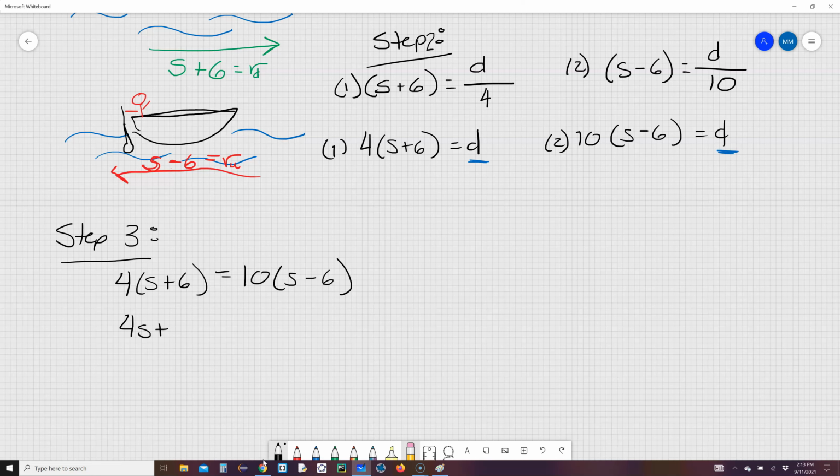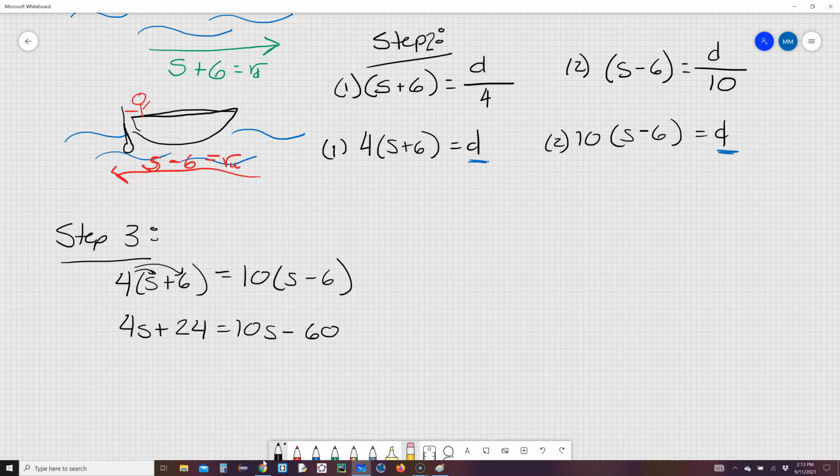4 times s, I'm just distributing the multiplication here and here. 6 times 4 is 24. And then 10 times s minus 10 times 6, which is 60.